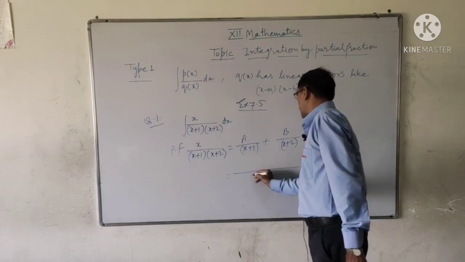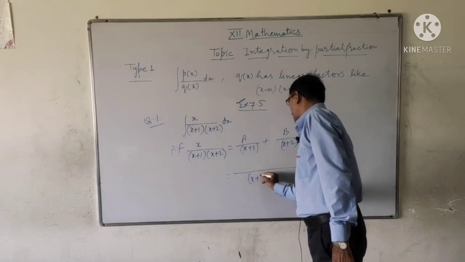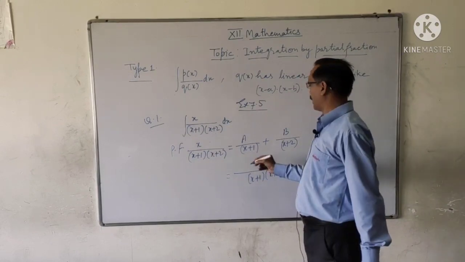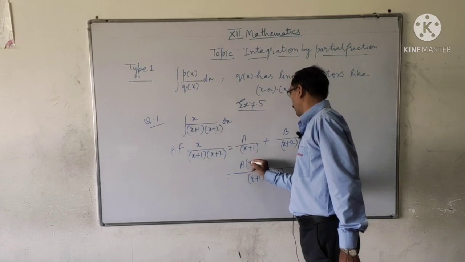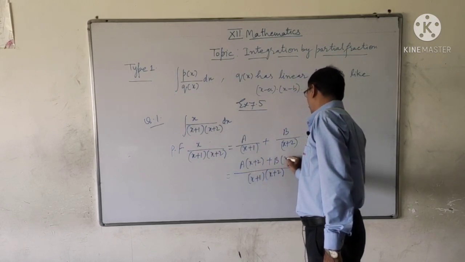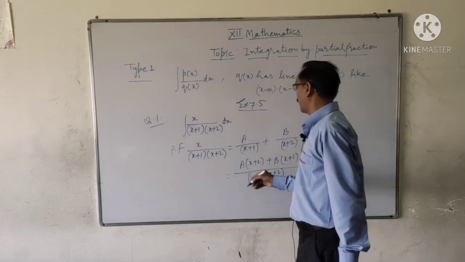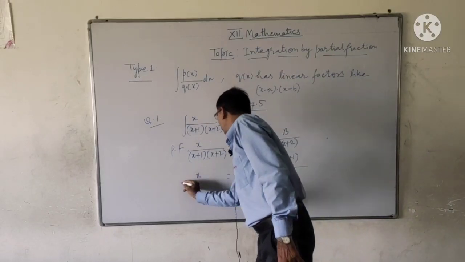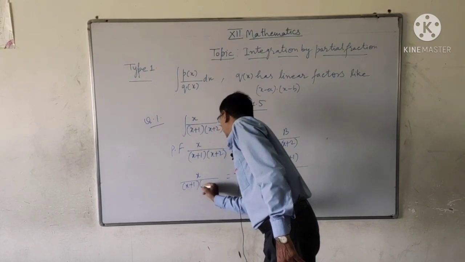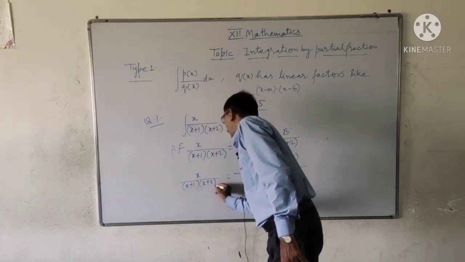Now take the LCM, x plus 1 into x plus 2. Then it is a into x plus 2 plus b into x plus 1, and there is x upon x plus 1 into x plus 2.